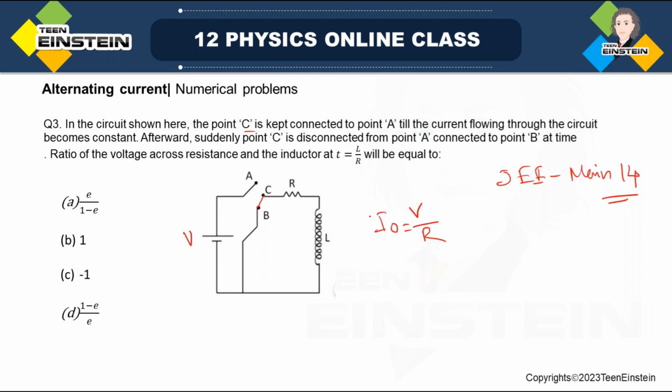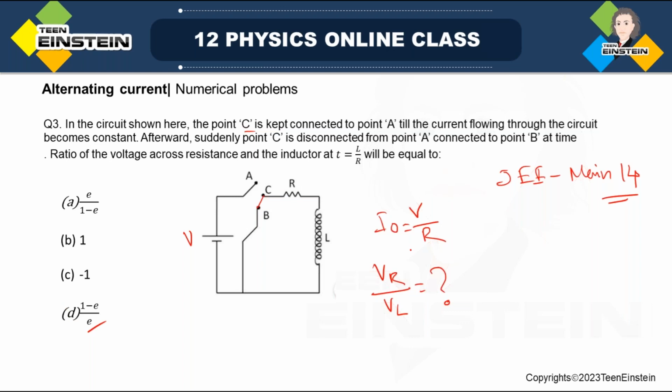You have to find out VR by VL is equal to what? There are options here: E by 1 minus E, then 1 minus E divided by E. These are the options.